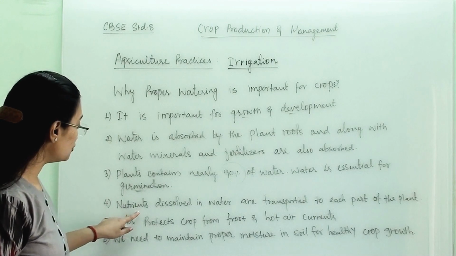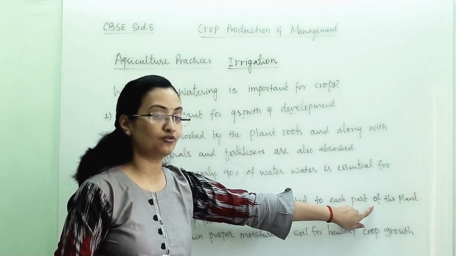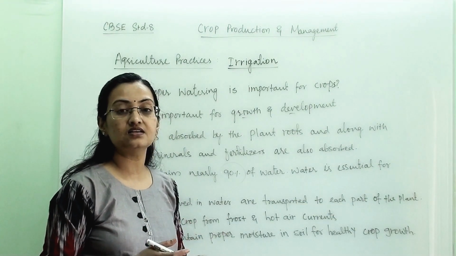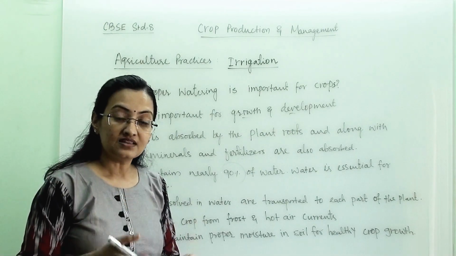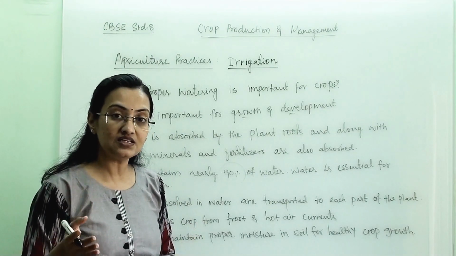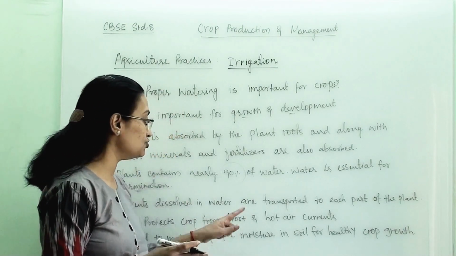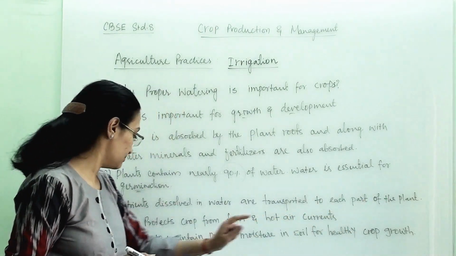Fourth, nutrients dissolved in water are transported to each part of the plant. Once we dissolve the nutrients, fertilizer and micronutrients into water and water the plant, that water will reach the leaves and all parts of the plant, and this is how nutrients are transported to each part via water.